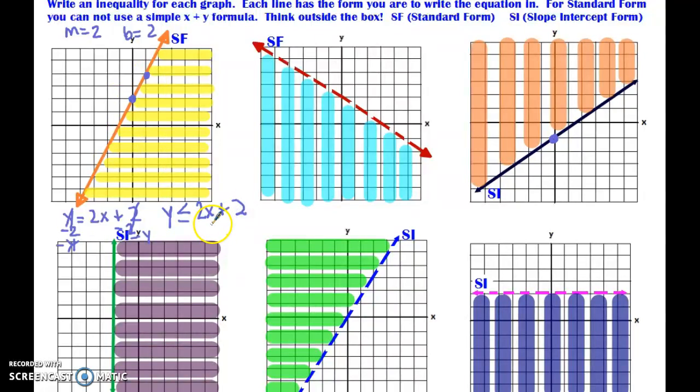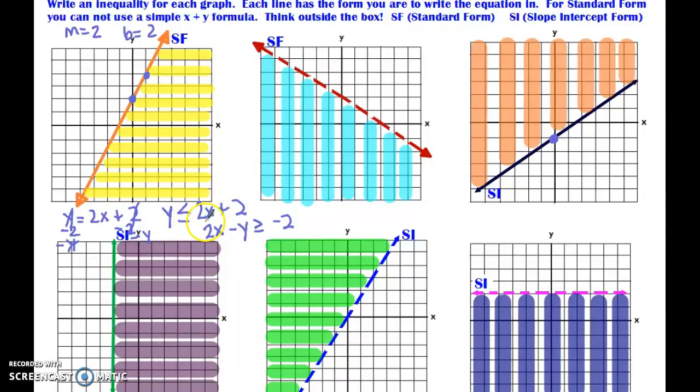So in standard form, it would have been 2x minus y. And notice that my mouth is open to the x, so it needs to stay open to the x. And then my negative 2 over here. Again, the mouth is open to the side of the x.